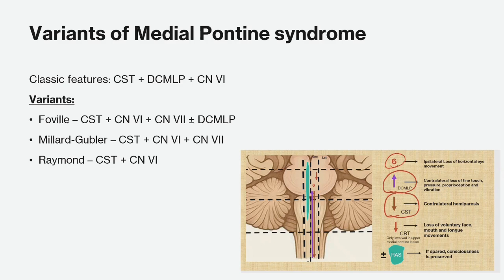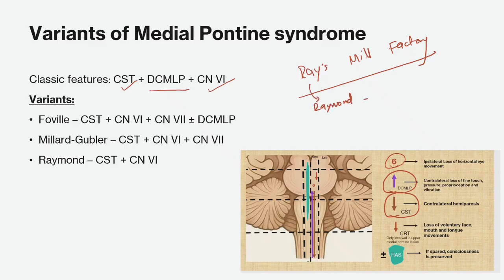So I prefer remembering these variants with the mnemonic RAISE, MILL, FACTORY. We begin by remembering the classic features: involvement of the corticospinal tract, cranial nerve 6 nucleus and the dorsal column medial lemniscal pathway. So in RAISE, R stands for Raymond syndrome.